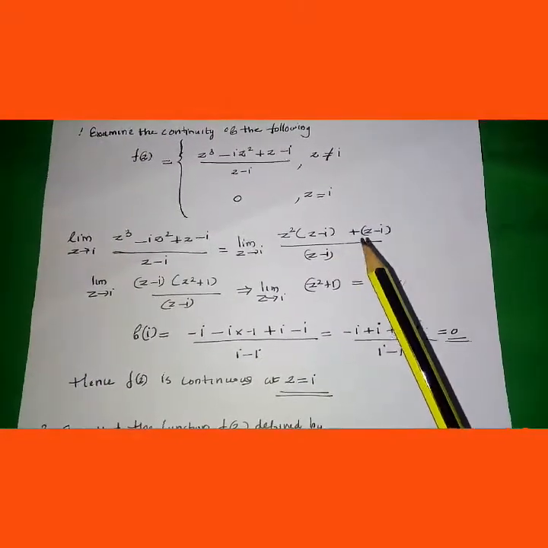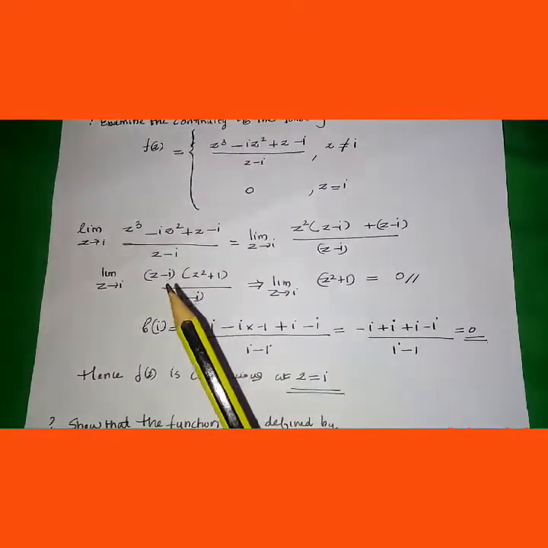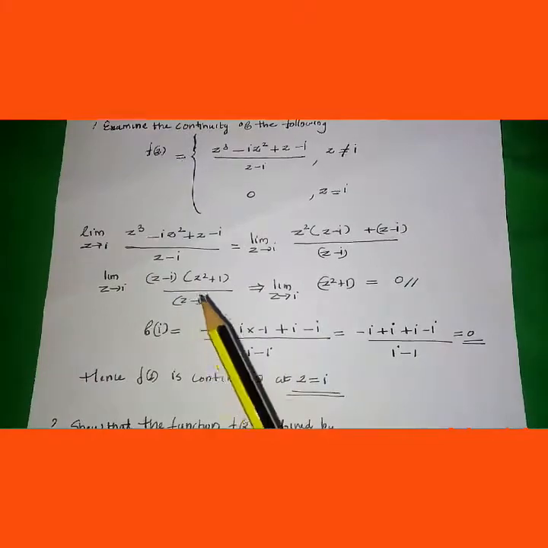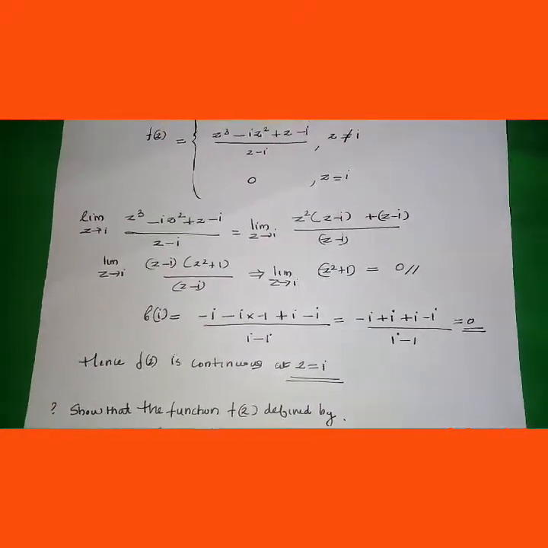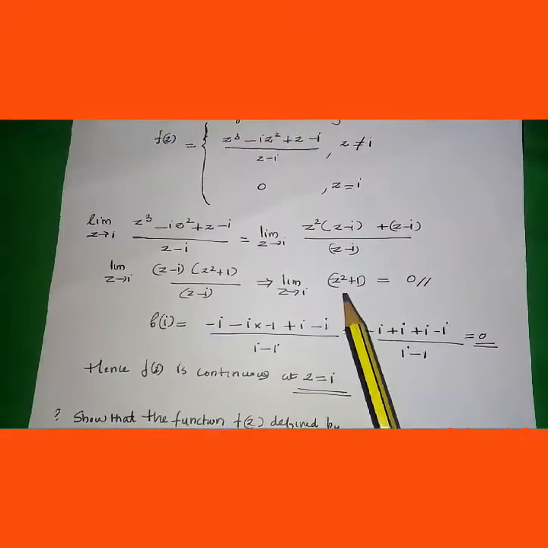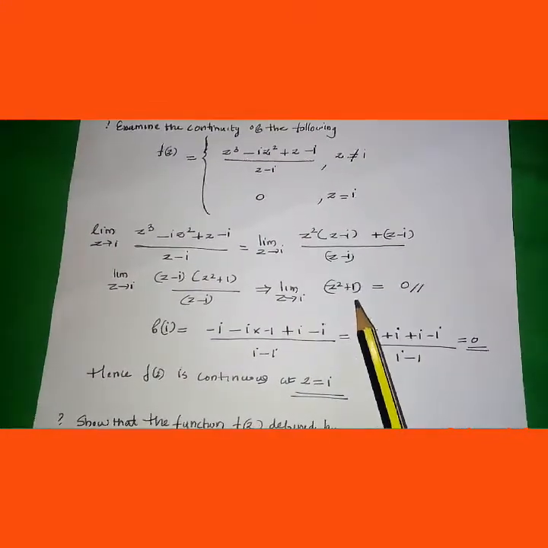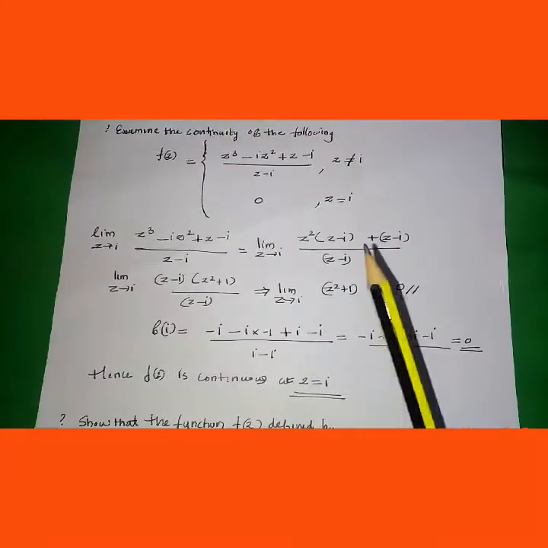So we can take z minus i common from the numerator. So we get z minus i into z square plus 1 divided by z minus i. We can cancel the same term from numerator and denominator. We get z square plus 1. At z is equal to i, we get the limit as 0. And we have to check the function at that point.